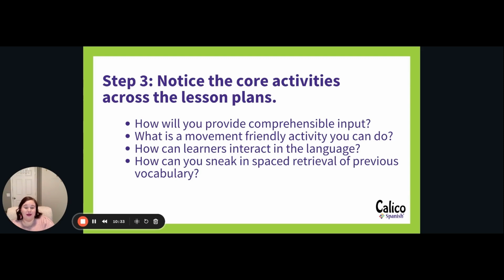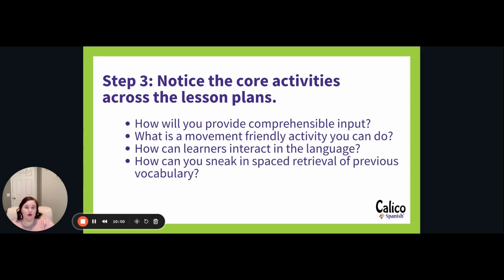And then finally, you want to think about how you can sneak in spaced retrieval from previous vocabulary. Spaced retrieval opportunities are so important. We need them to activate that knowledge in their memories and in their brains.